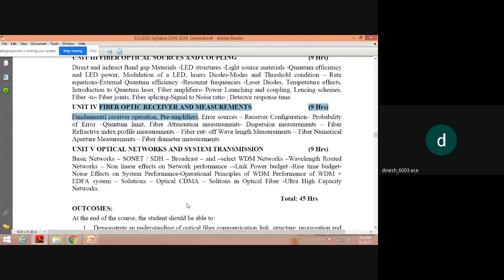Then at last we'll be seeing some specific topics, which is optical CDMA and ultra high capacity networks that are used in optical networking.